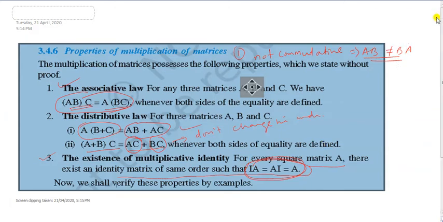So the third one, I am basically talking about identity. Before solving the questions, identity matrix, I have defined I is the identity matrix. It is either 1 0 0 1, that means all diagonal elements should be 1, non-diagonal elements are 0.